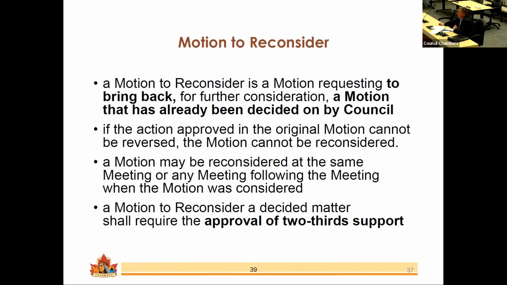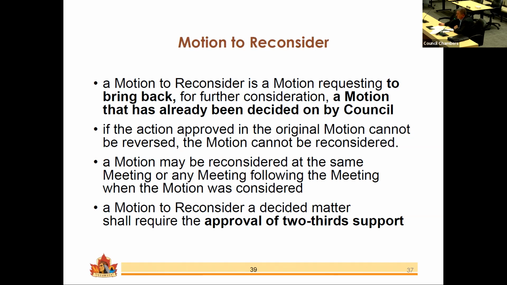The motion to reconsider can possibly be at that same meeting, or it can be at a meeting following the meeting in which that original vote took place. Most procedural bylaws will ask for what they call a special majority or two-thirds vote on that motion. And a lot of procedural bylaws will have a limitation as far as time.